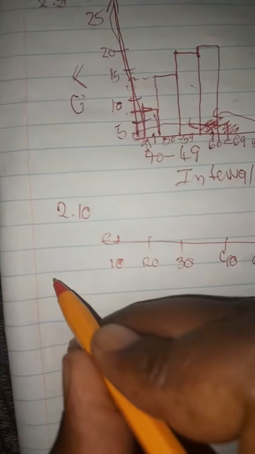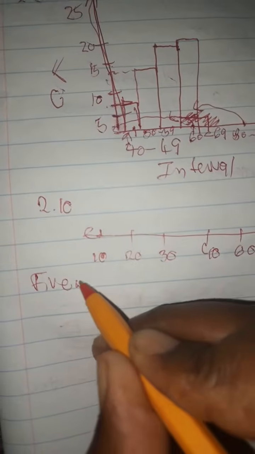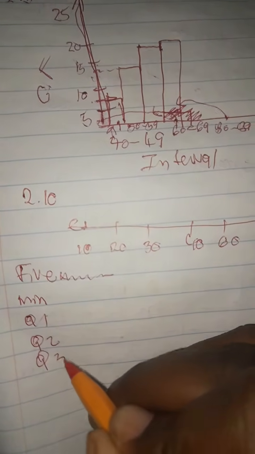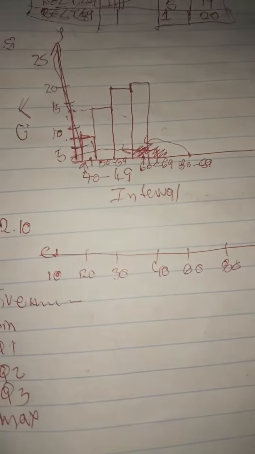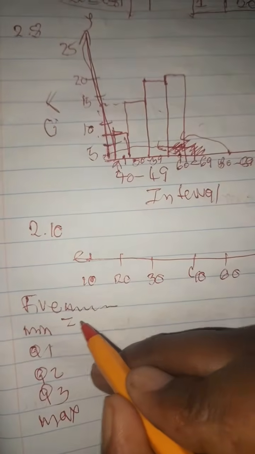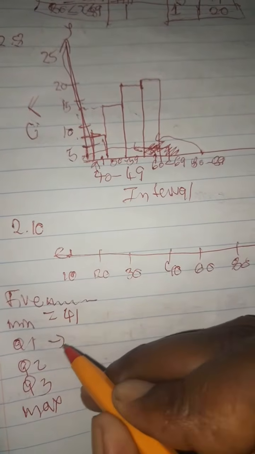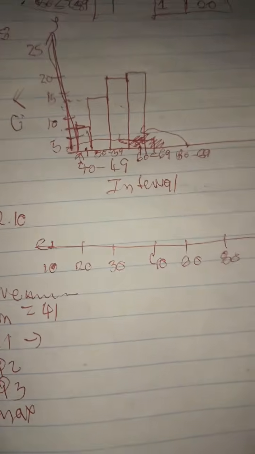When you draw a box and whisker diagram, you must have a 5 number summary. One is the minimum number, then Q1, followed by Q2, followed by Q3, then the maximum number. So the minimum number in our data set is 41. And we have calculated Q1. Remember, our Q1 was 48.